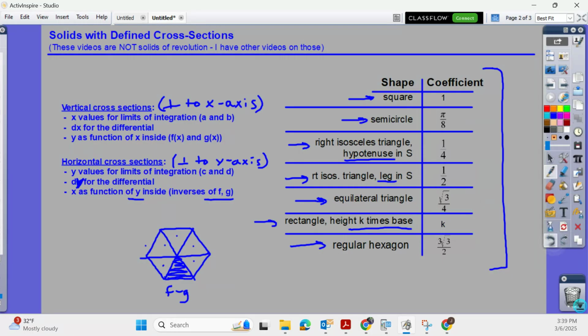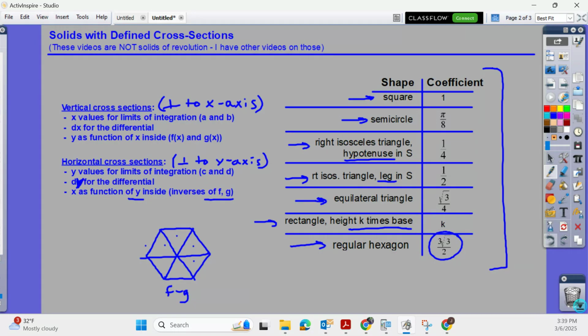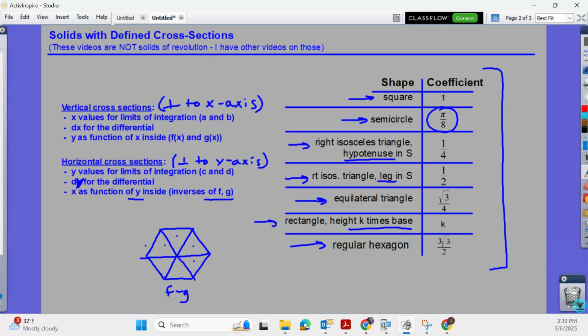And so this coefficient is just this coefficient times 6. Again, I'd be very surprised if we saw that on an AP exam. But that's the big idea here. If you can get the coefficient for the shape based on how much of the square it fills up.